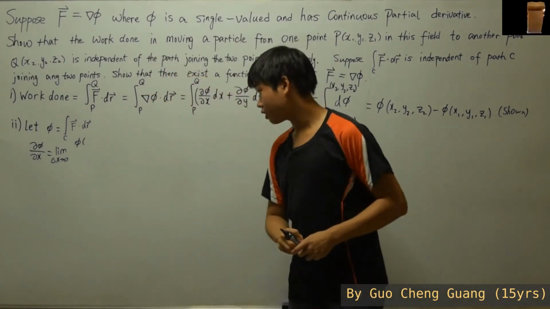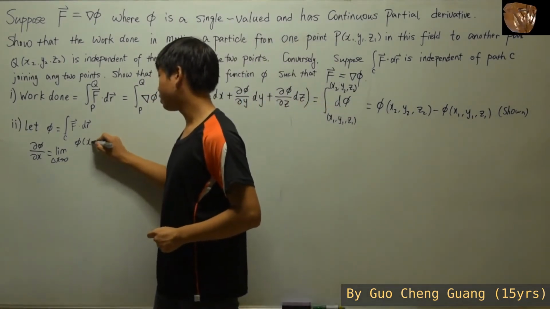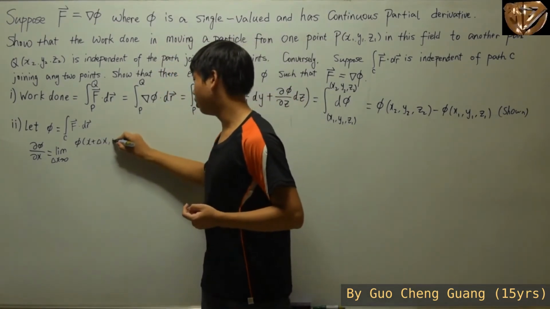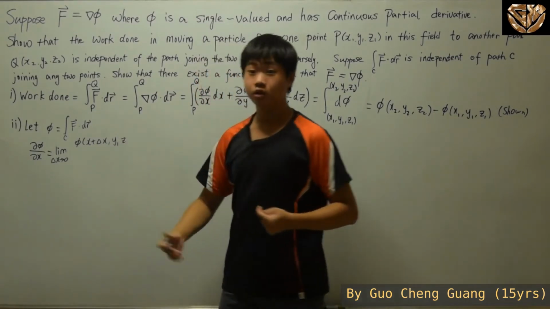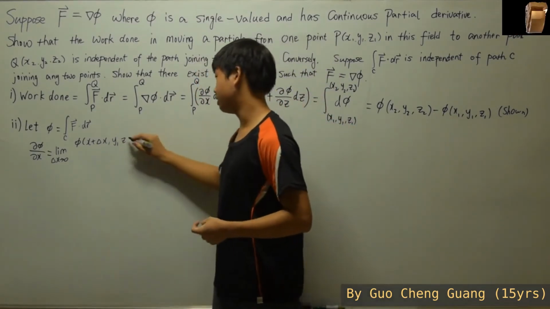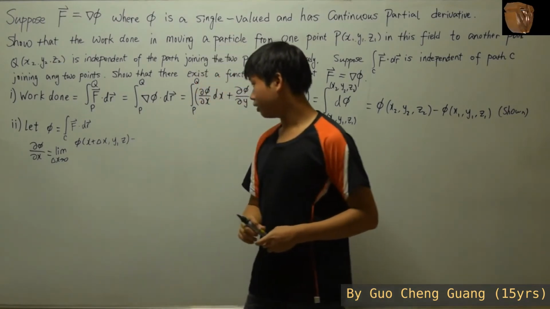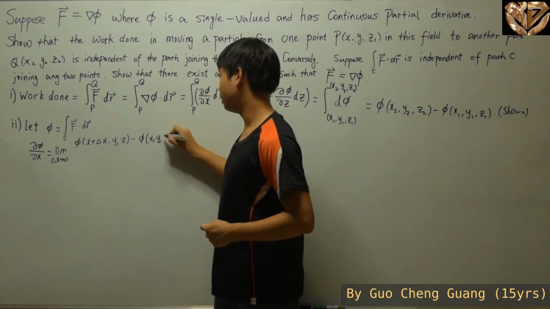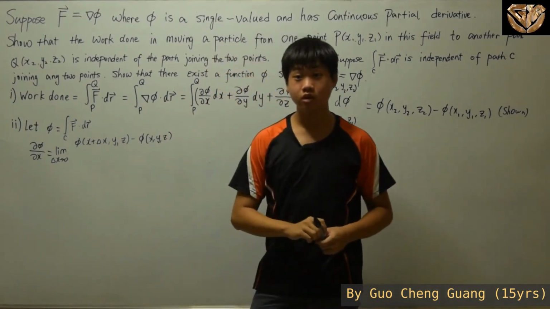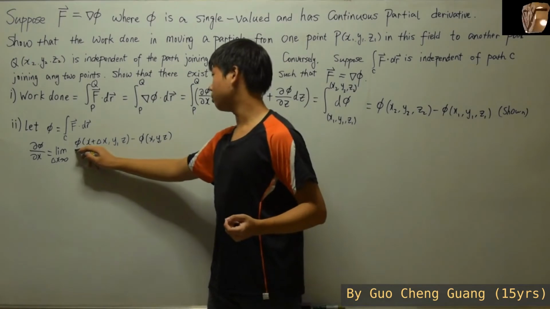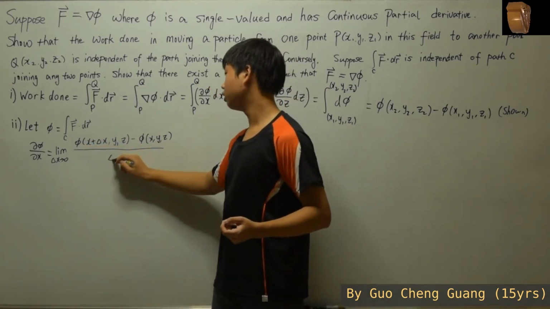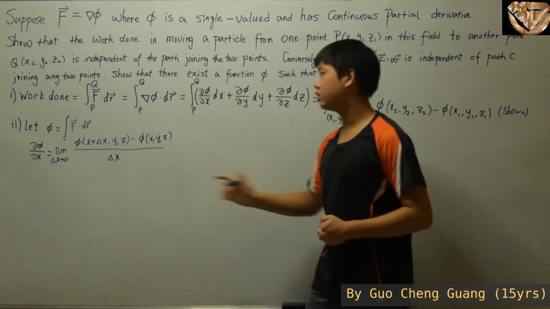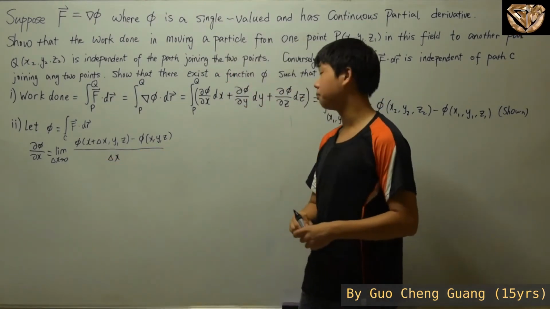Since you're changing in x, you can have phi at x plus delta x first, and then y and z and so on. Then you subtract the original x, y, z for its difference, and this difference is then divided by delta x. So this is what we are seeing so far.